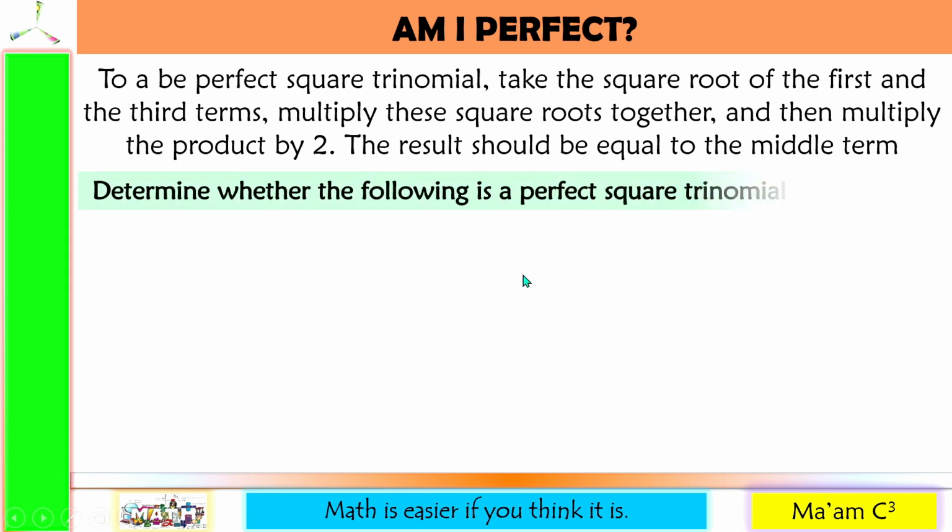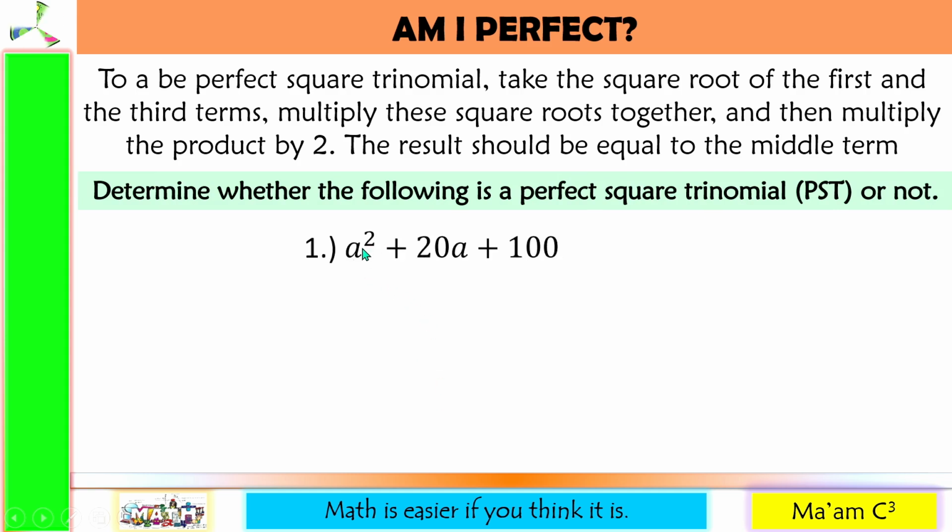Let us determine if the following is a perfect square trinomial or not. Number 1, the square root of a squared is a, the square root of 100 is 10. So we have 10a multiplied by 2 will give us 20a. So this is a perfect square trinomial.